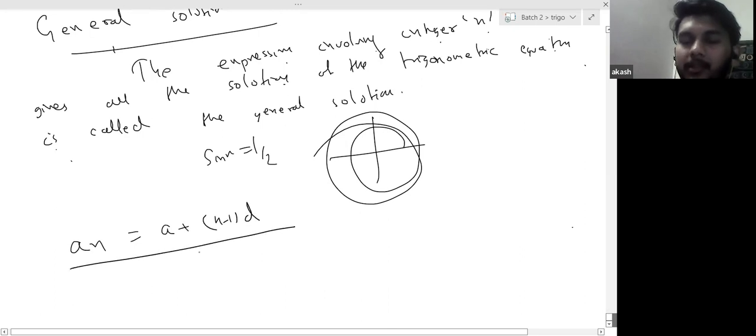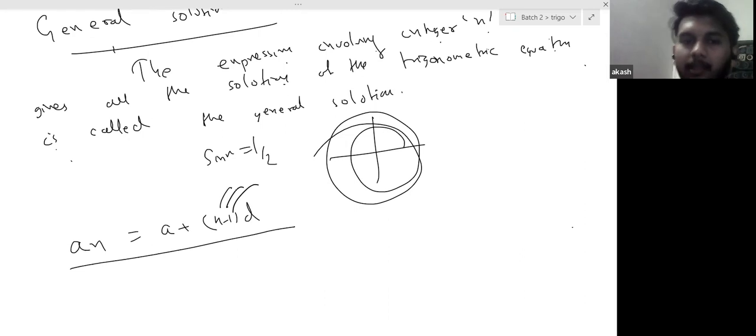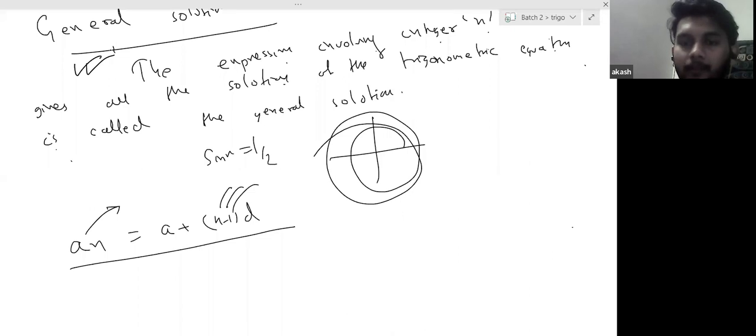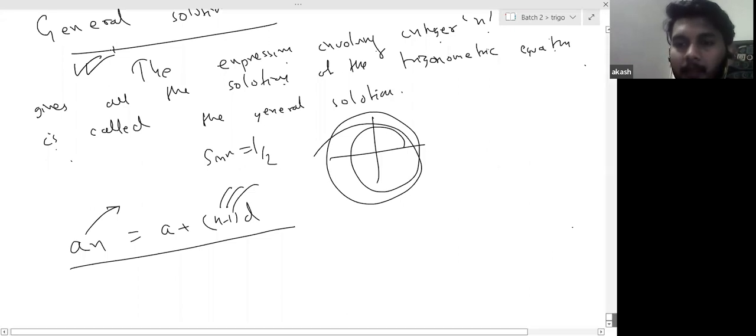Why was this called the general term? You just keep different values of n and you'll get different terms, right? So you summarized all the terms in a single equation and called that the general term. In the same way, we'll try to write all the solutions of a given equation as a single equation and call that the general solution. All right. You just keep different values of n and you'll get different values for the solution.